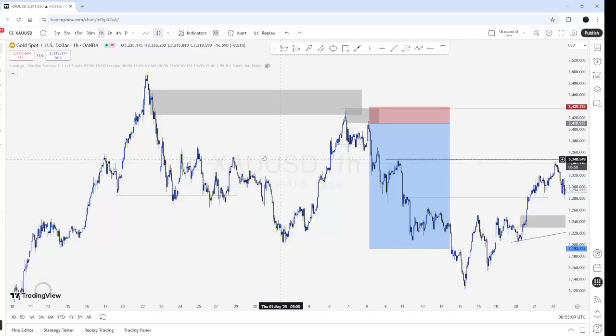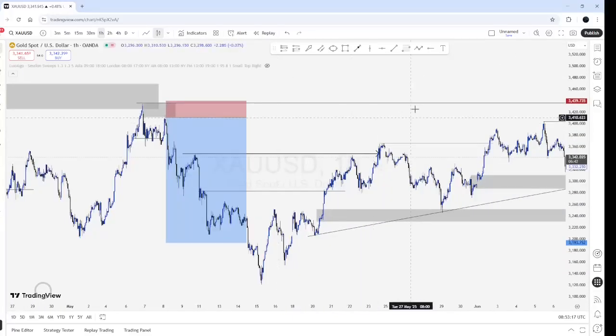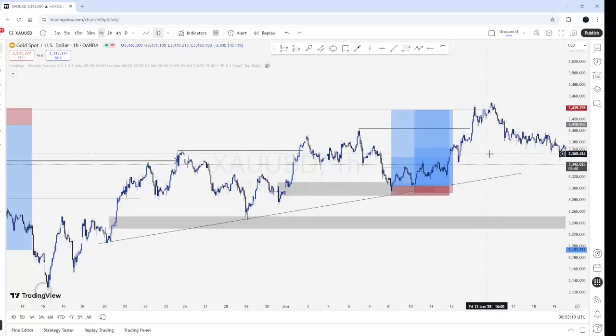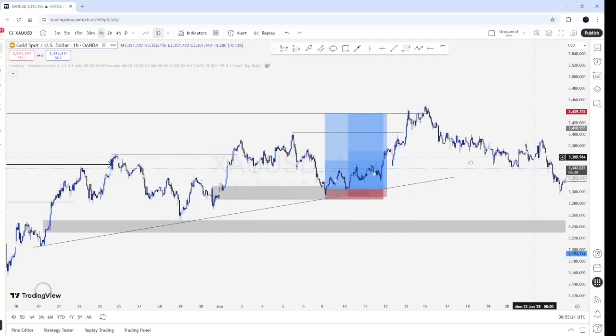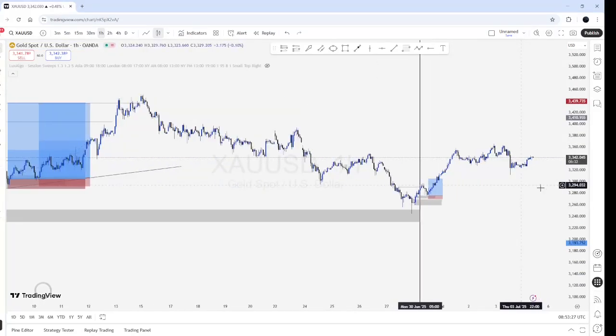There's a nice setup here. All you need to add is your timing, and you need to be active on the market most often. This is repeatable every single time.